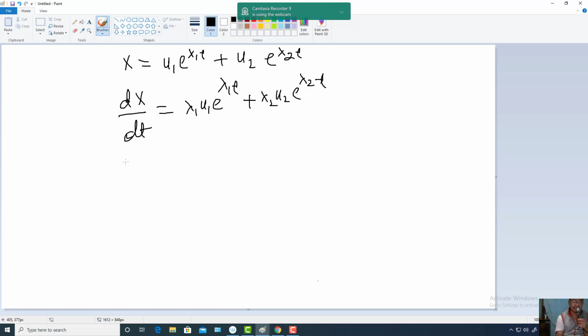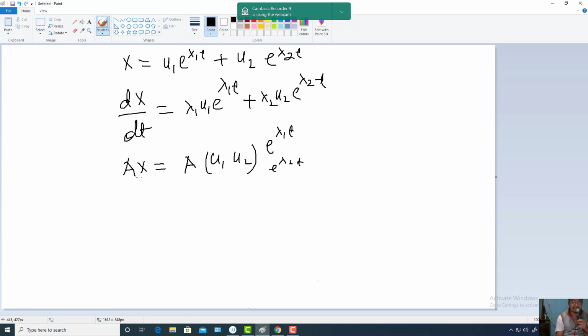So what about Ax? You can write x in terms of u1 and u2. This is the matrix, multiplied by the column vector e to power lambda 1 t, e to power lambda 2 t.